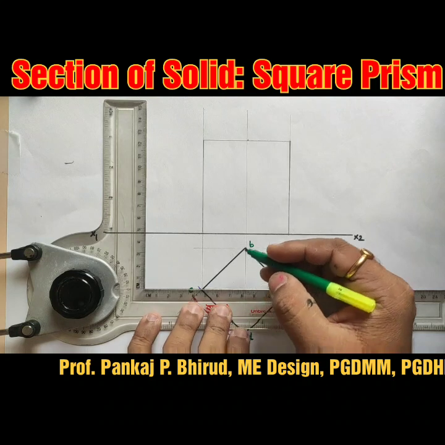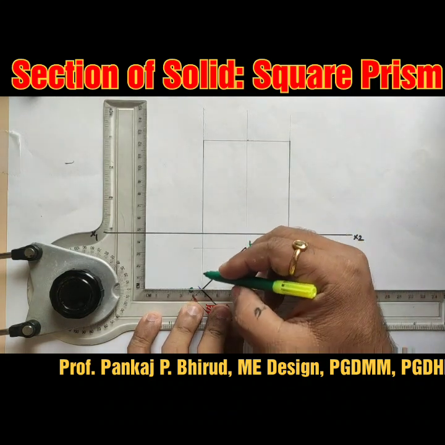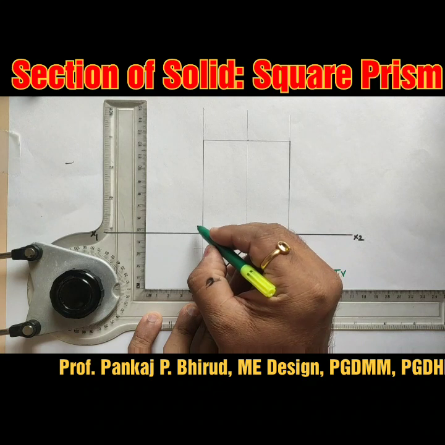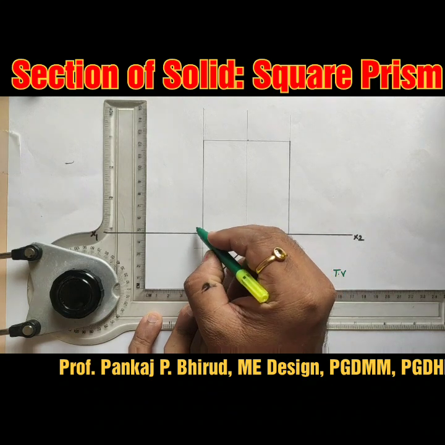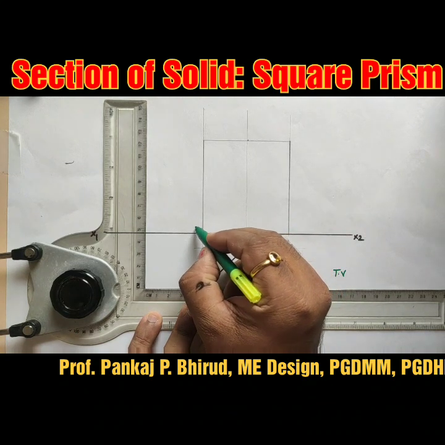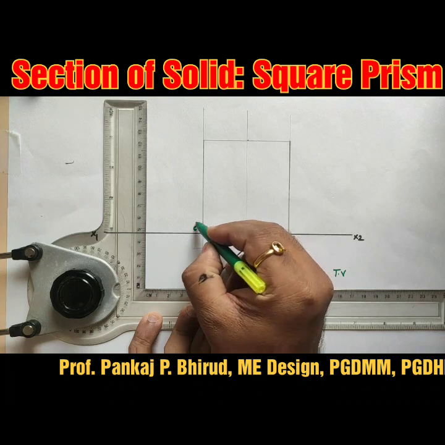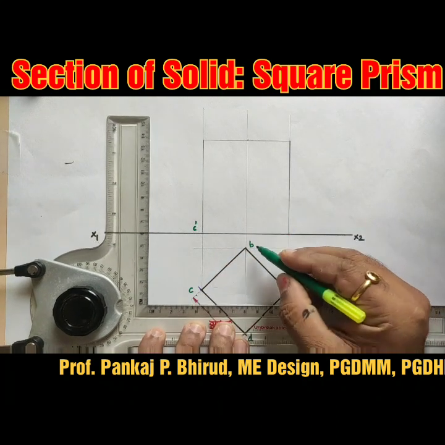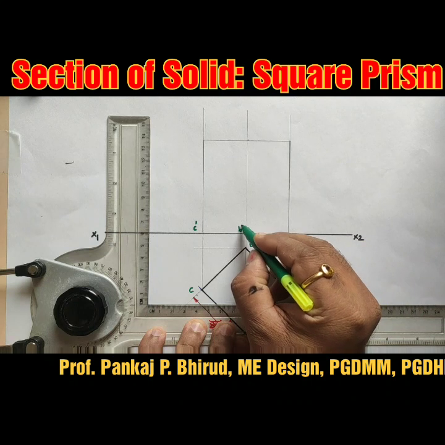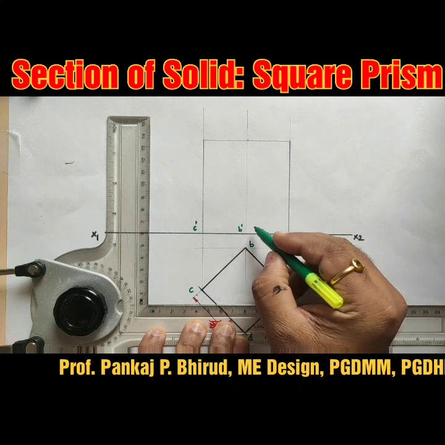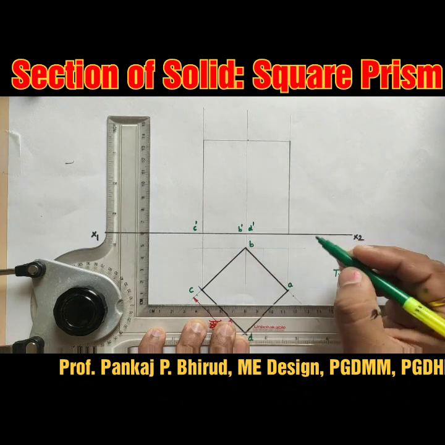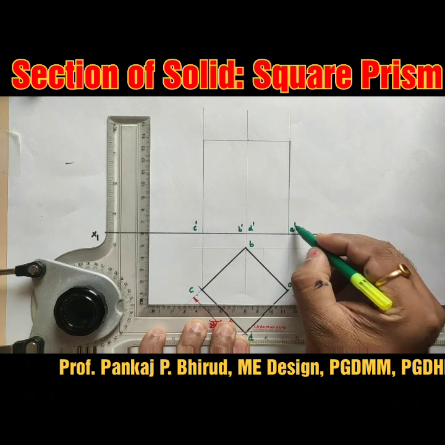Now give the labelling in the front view. So this is the bottom side, that is C dash. It is an overlapping of B and D. So B dash, D dash, and this is A dash.